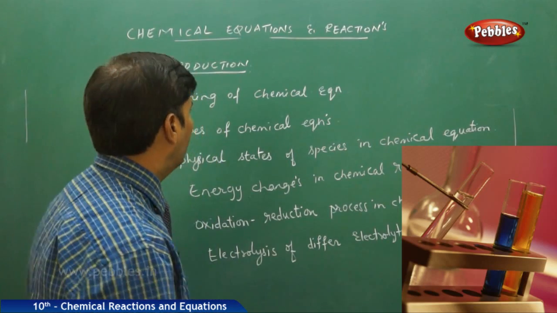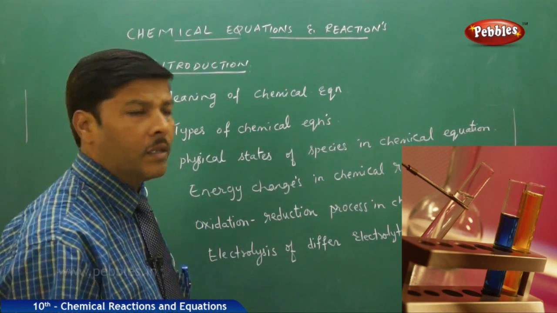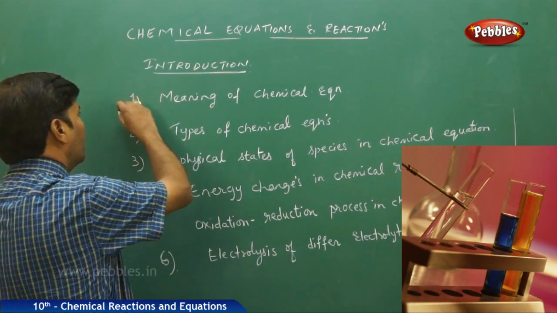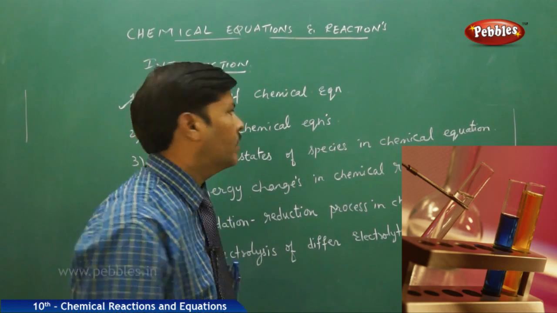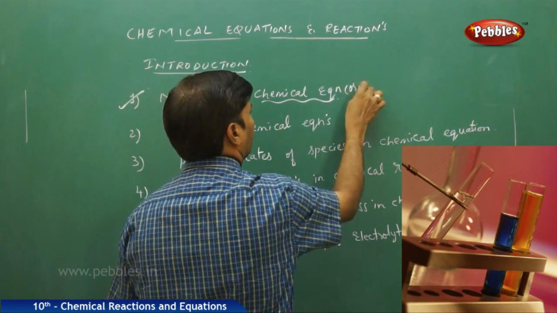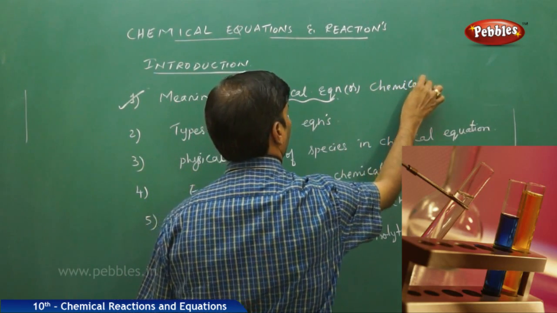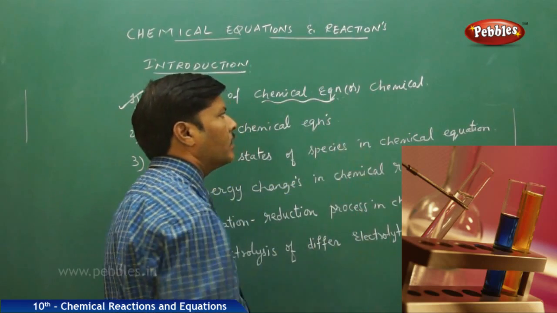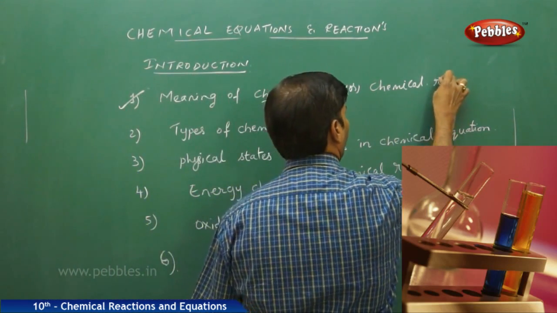So, to study all these topics one after the other, let us first begin our discussion with the meaning of chemical equation. A chemical equation can also be called a chemical reaction.